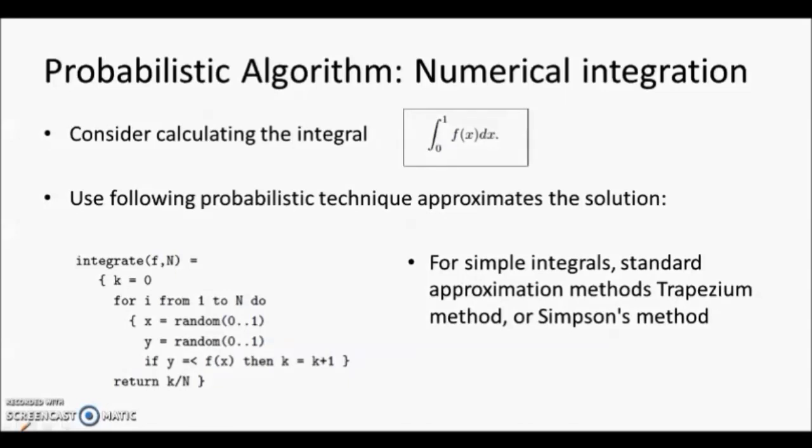These methods usually do not provide fast convergence to the result, and for simple integrals, standard approximation methods like the trapezium method or Simpson's method are better. However, occasionally functions may perform badly on a systematic method, especially if they have multiple periodicities. For multiple integrals in higher dimensions, probabilistic techniques can prove useful.